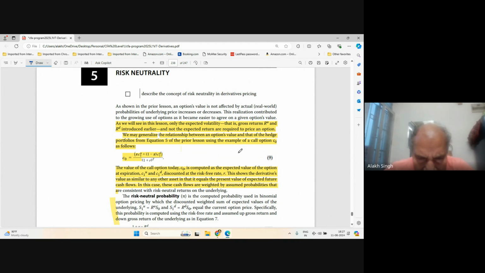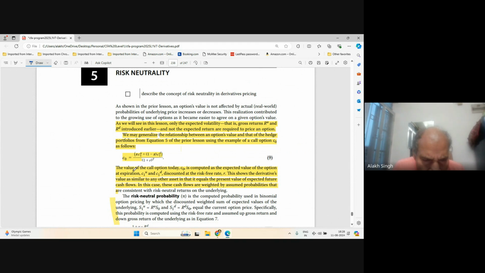We may generalize the relationship between an option's value and that of the hedged portfolio from equation 7 of the prior lesson, using the example of a call option C0. C0 is equal to pi times C1U plus 1 minus pi times C1D, divided by 1 plus R to the power T. Pi is the risk neutral probability.